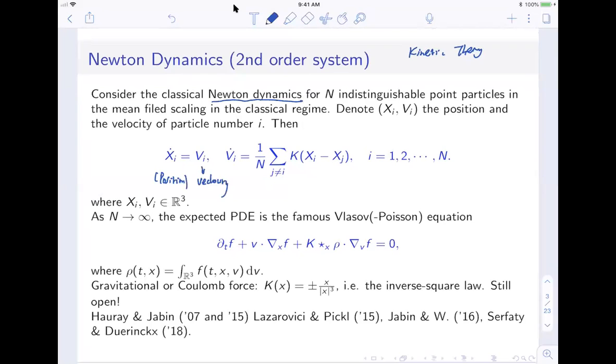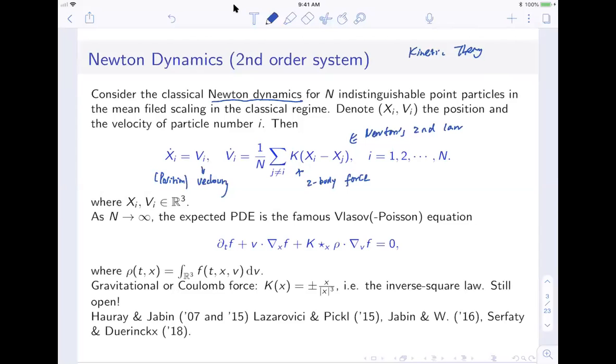What we are writing here is just Newton's second law for motion. So the acceleration is given by the interaction force, where K is the two-body force.